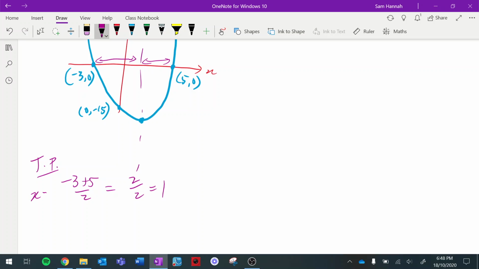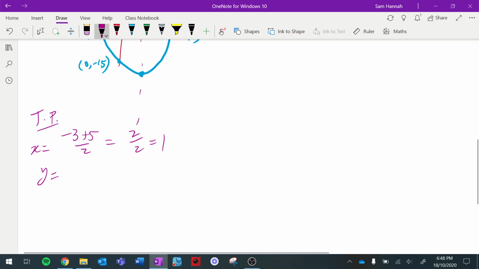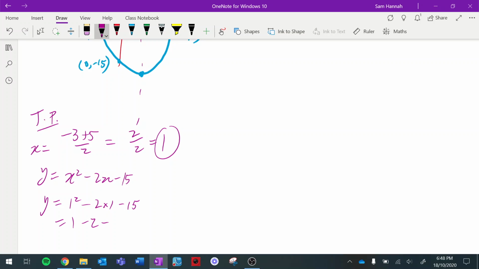So that's the x-coordinate, and now we need to find the y-coordinate, and we find that by subbing it into the original equation. You might remember the original equation was x squared minus 2x minus 15. So we put 1 in for our x value, giving us 1 squared minus 2 times 1 minus 15, which is 1 take 2 minus 15, which is minus 16.